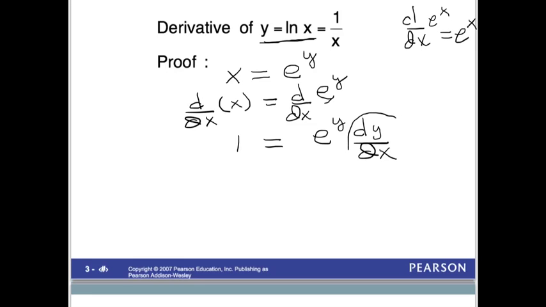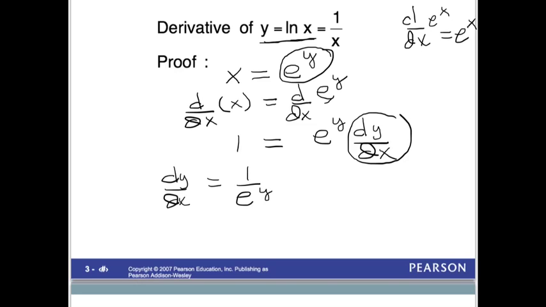Now notice we can calculate dy dx equal 1 over e to the y. But recall that e to the y is equal to x, so dy dx is just 1 over x. So we now have a very important result, that d dx of ln of x is just simply 1 over x.